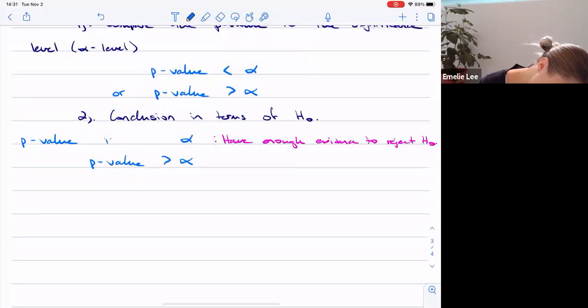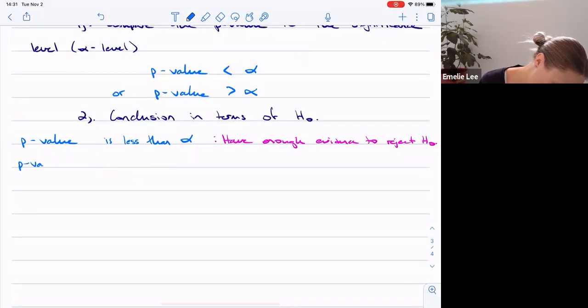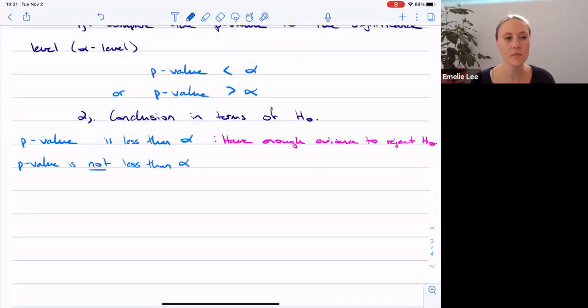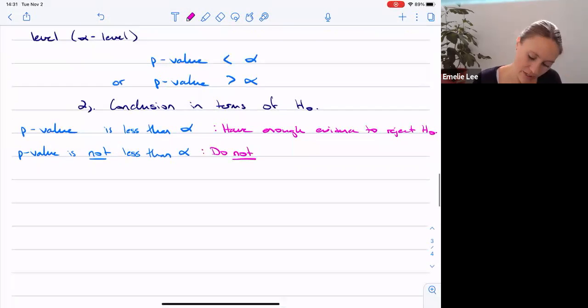P-value is less than alpha. Then the opposite would be that the p-value is not less than alpha, which is really saying that we do not have enough evidence to reject H naught, right?